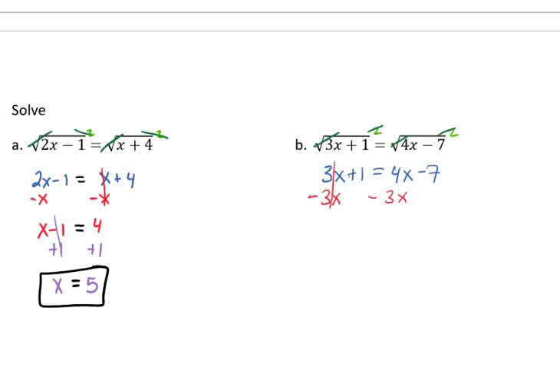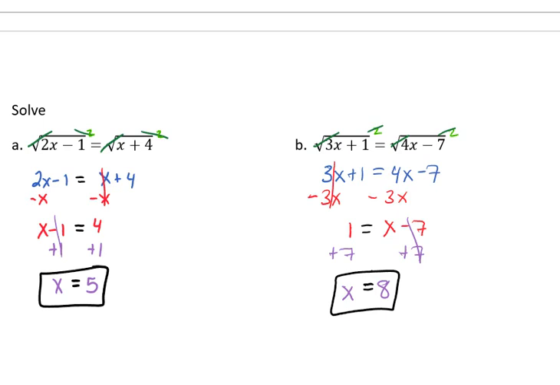So that's going to leave us with 1 equals x minus 7. From here, we'll add our 7 to both sides, and that will leave us with x equals 8. And that's our final answer.